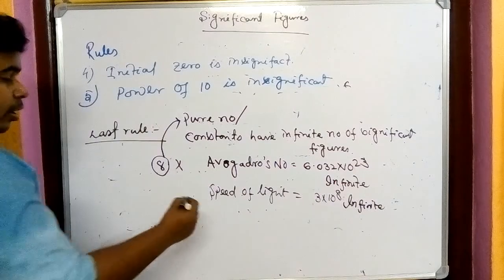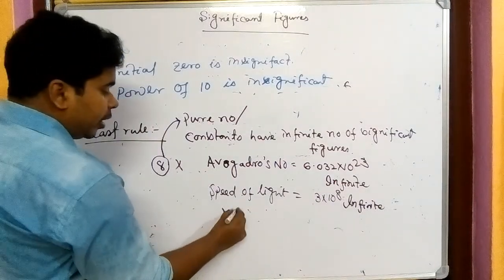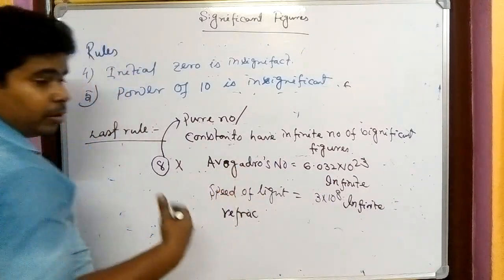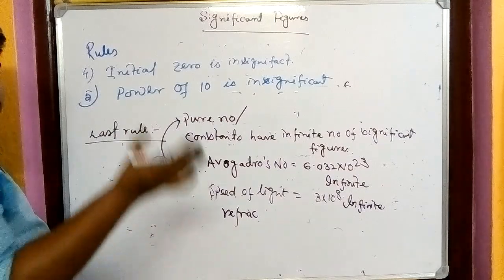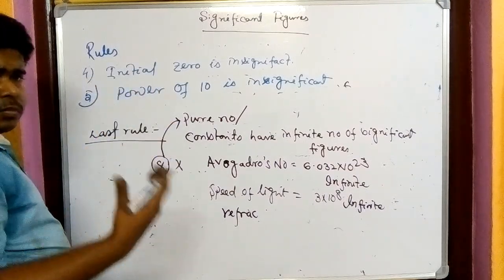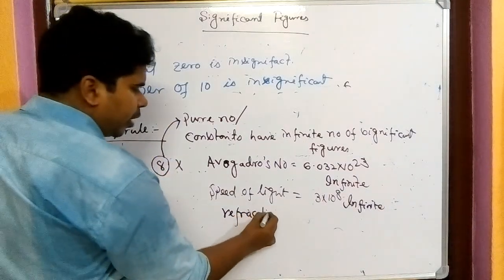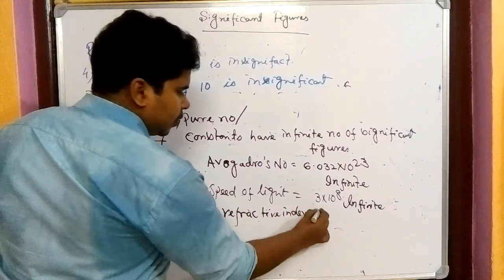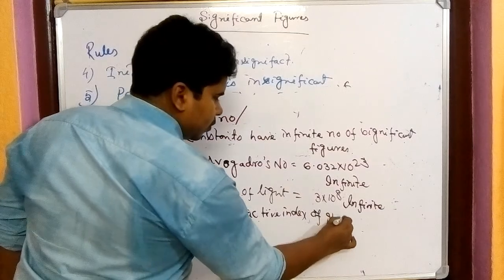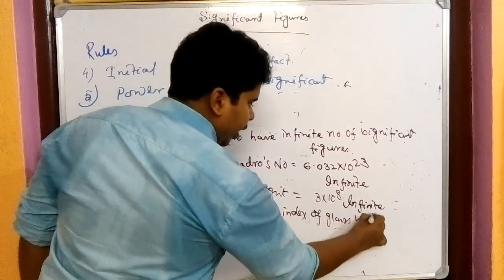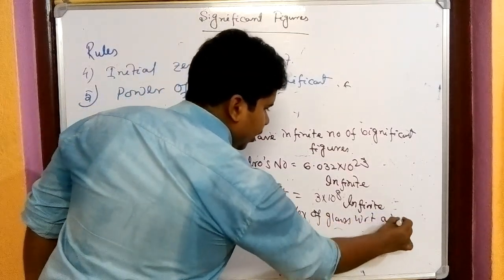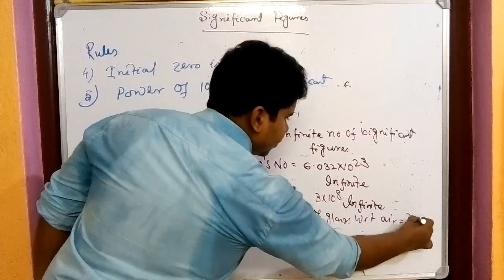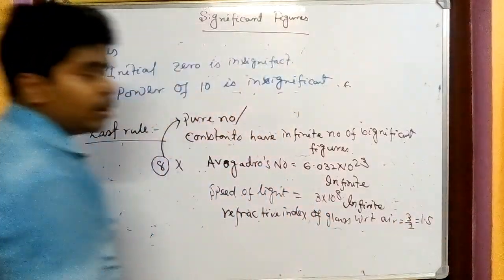we cannot use the rules. If it is mentioned, for example, the refractive index of glass with respect to air, I think it is 3/2, that is 1.5.